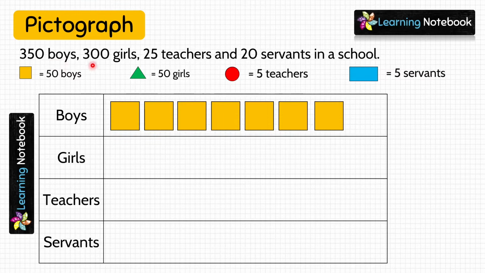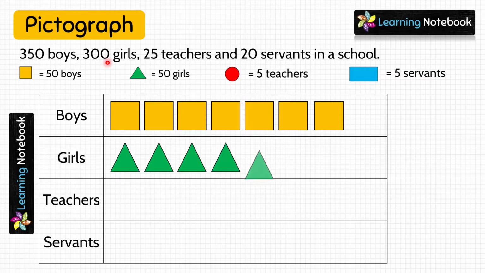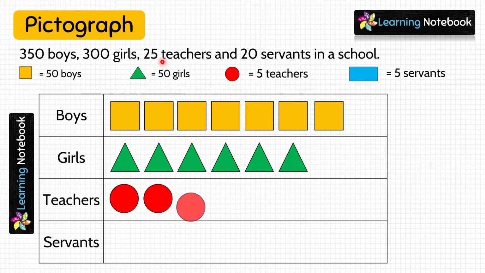Next, to represent 300 girls, we will draw 6 triangles as each triangle represents 50 girls. Next, let's represent 25 teachers by drawing 5 circles.